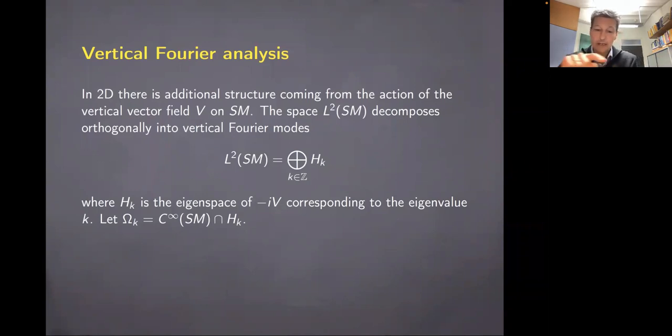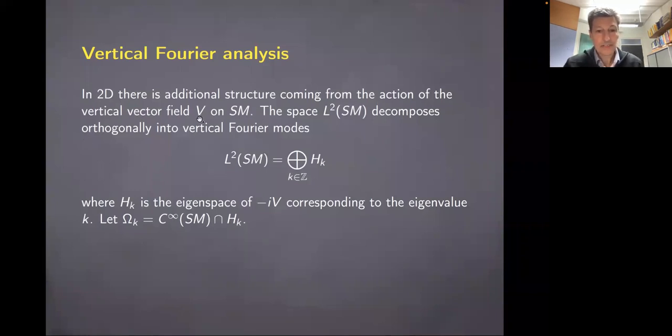That means that in my fibers, I have an action of the circle, and with respect to this circle action, I can do Fourier analysis. So I can decompose L2 functions in SM into vertical Fourier modes. Simply think that, for each point x on M, you freeze x and you do a Fourier expansion just in the vertical variable.